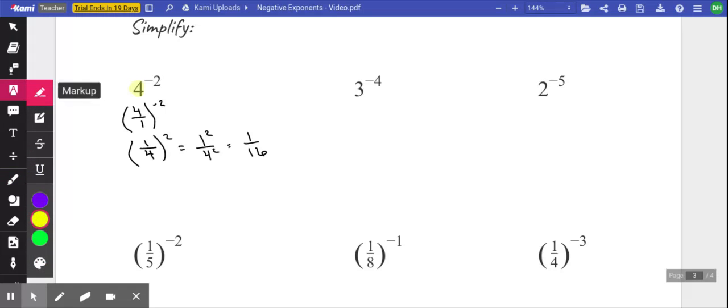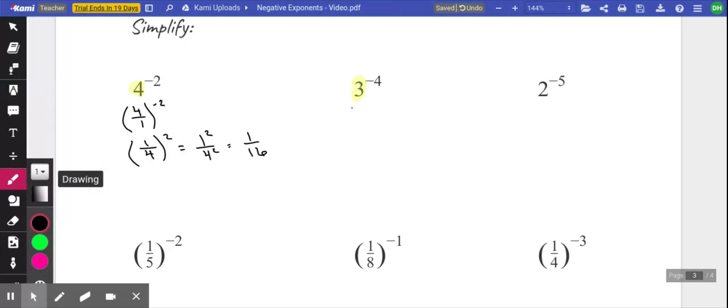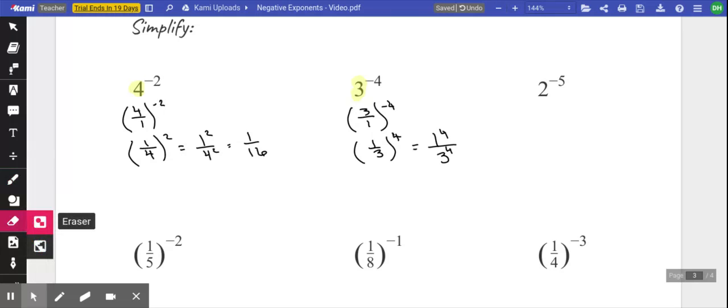Same idea here. I don't have a fraction yet, but I could visualize that base as a fraction. The moment that I reciprocate it, where I switch the numerator with the denominator, that exponent becomes positive. So we've got 1 to the 4th all over 3 to the 4th. I want to talk about our handwriting, because I'm not real happy with mine there.